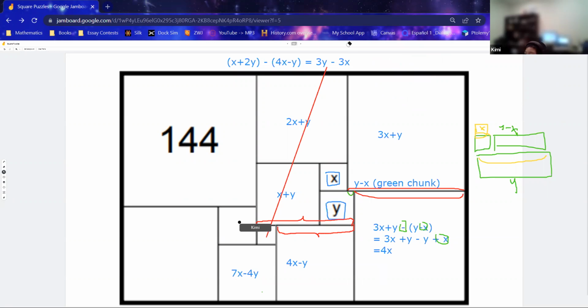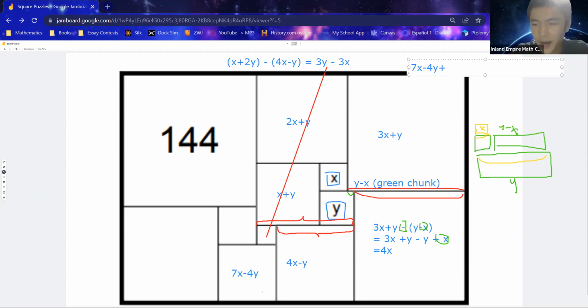Yep. And then that means this one is 7x minus 4y minus 3y minus 3x. Are you sure it's minus, Kimmy? No, it's plus. Right. Okay. So that would evaluate to 4x minus y. Does everyone agree?